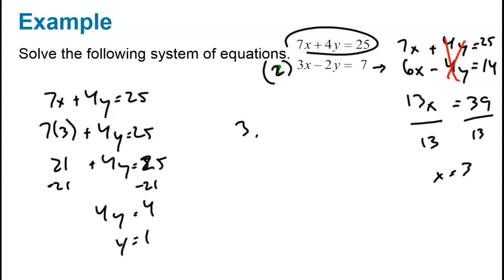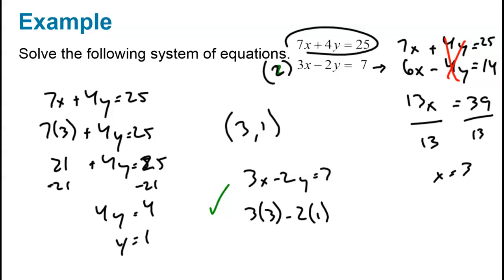Our pair is 3, 1, and so let's apply a check to that, and we'll use the one that we have here. So we'll go 3x minus 2y equals 7, and applying the x, we have 3 times 3 minus 2 times 1 equals 7, and that's 6 minus 2, and I went astray somewhere.